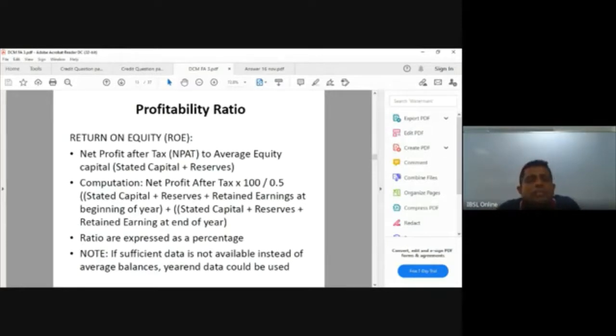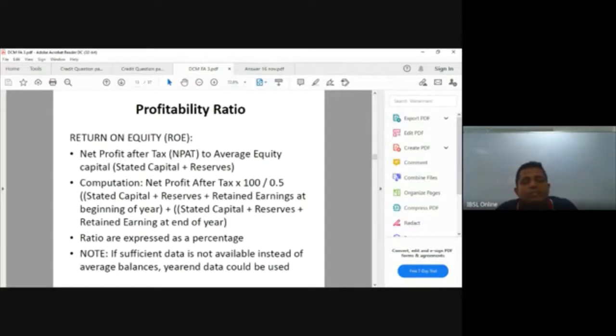Their entitlement is what is left after incurring all the expenses, after incurring taxes, everything. What is left is the entitlement of these equity holders. Therefore, you take net profit after tax, divided by average equity, times 100.